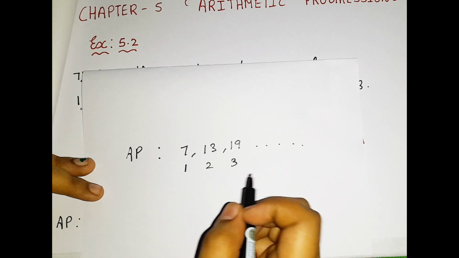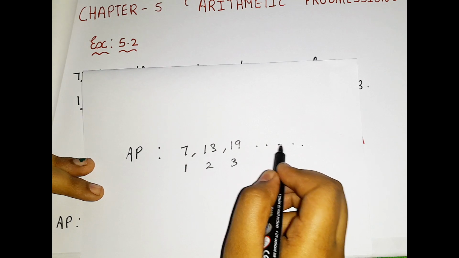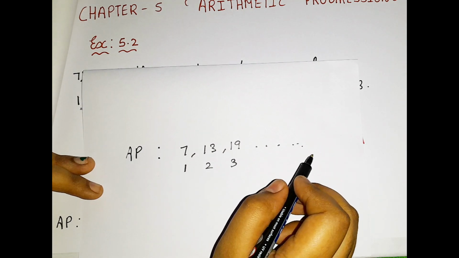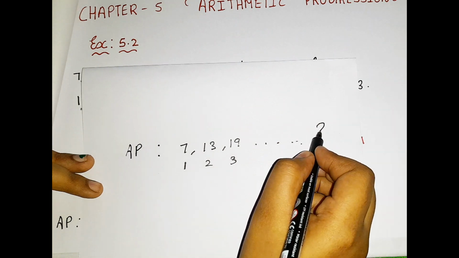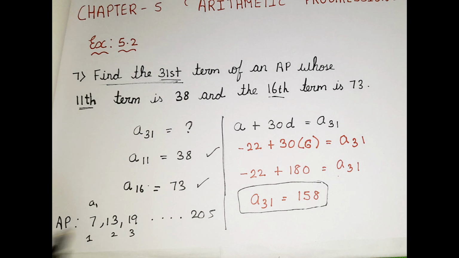Do you guys know the 31st term? We don't know, right? Why? Because we have only the dots, so on. So it is a question mark. So we don't know the 31st term. To find that only, I just used these two values and I found that in the 31st term we get 158. Okay, so this is how we find the AP and how to find the terms.